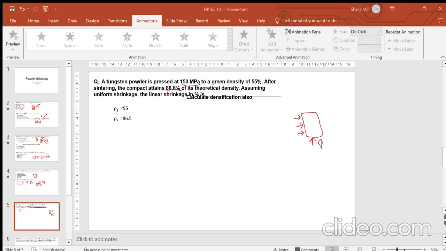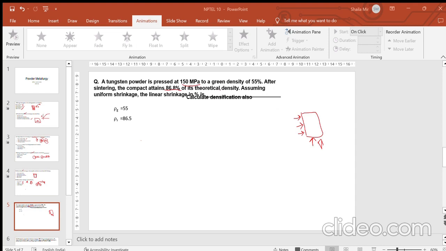So as per the formula, you need a relationship between green density, sinter density, and your shrinkage, because we are assuming it is a linear shrinkage. So you have a linear shrinkage like this, delta L by L naught, say for example.